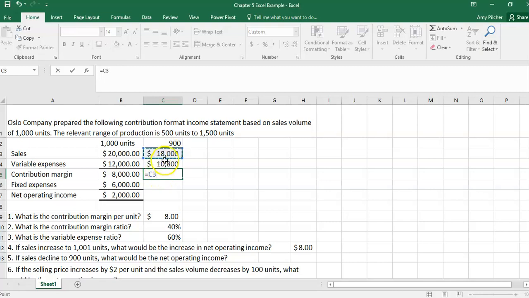Contribution margin is sales minus variable expenses. Our fixed expenses don't change.